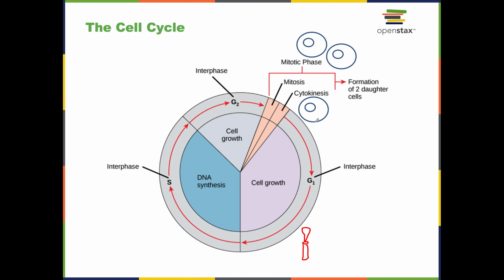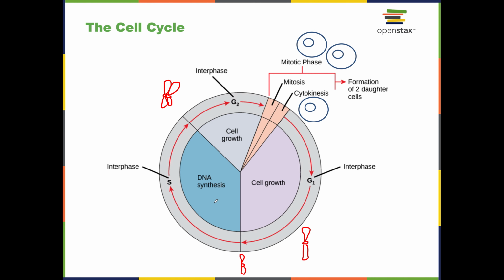So the chromosome is going to look like this all the way throughout this stage, and even at the beginning of the S phase, it looks like that. It doesn't have any sister chromatids. But when it goes through the DNA synthesis, the S phase, when it comes out, it'll look like this. It will have a sister chromatid that is attached to it by the centromere.